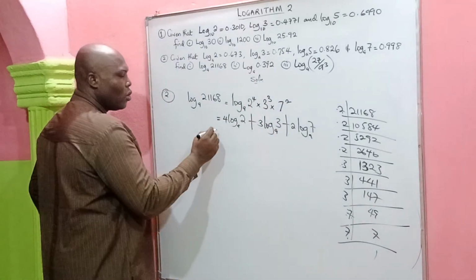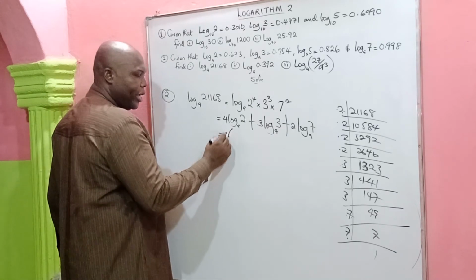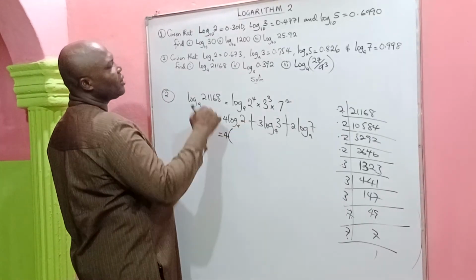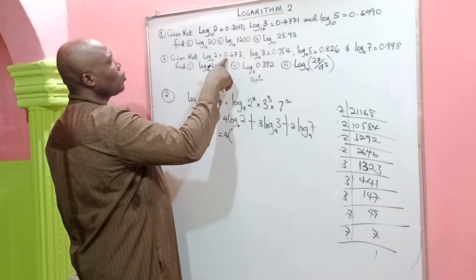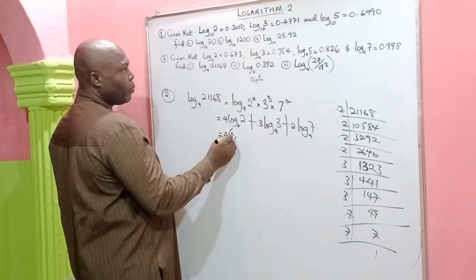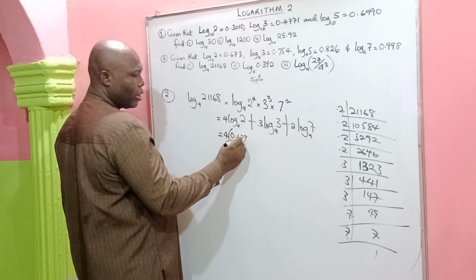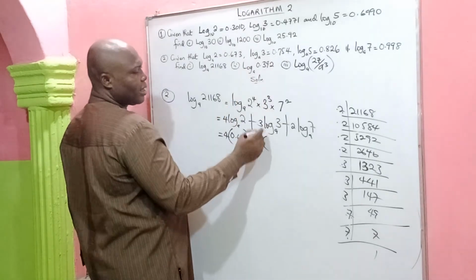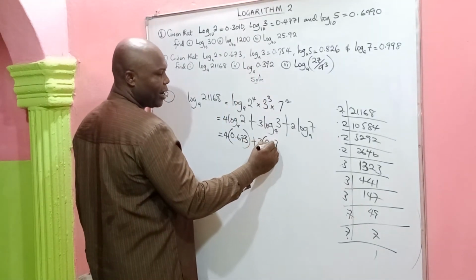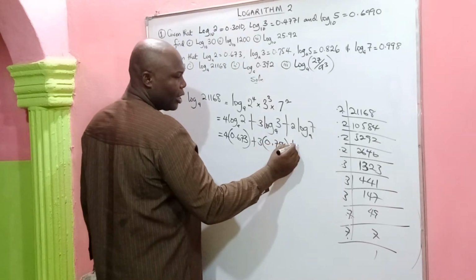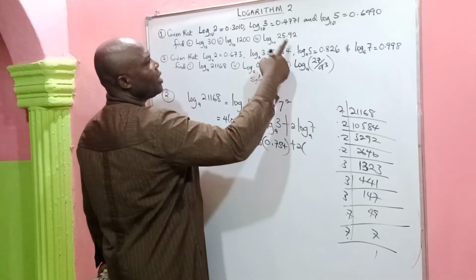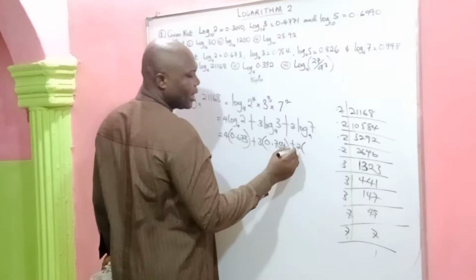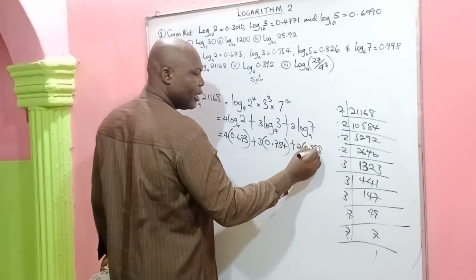Alright, so we've been able to have 4 times log 2 to the base of A, which was given as 0.873, plus we have 3 times log 3 to the base of A, 0.754, and then 2 times log 7 to the base of A, 7 was given as 0.998.